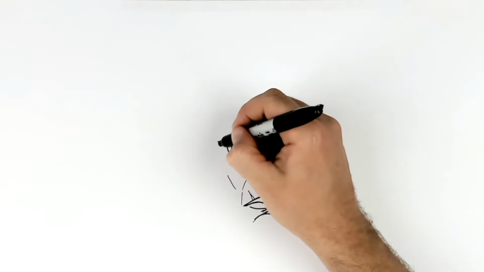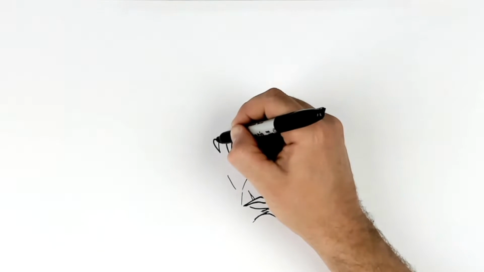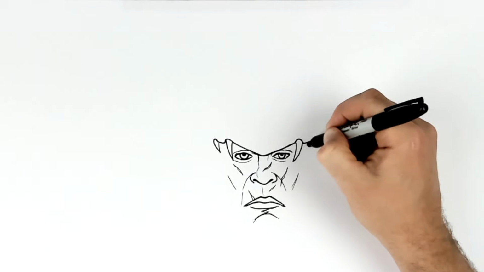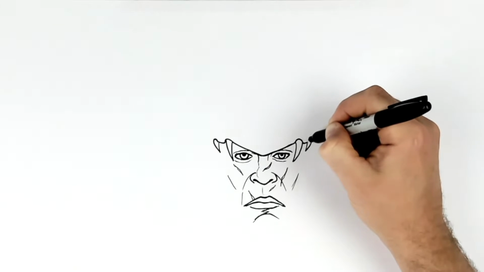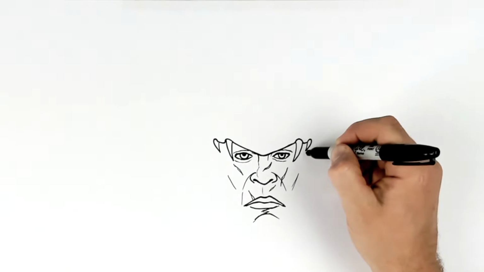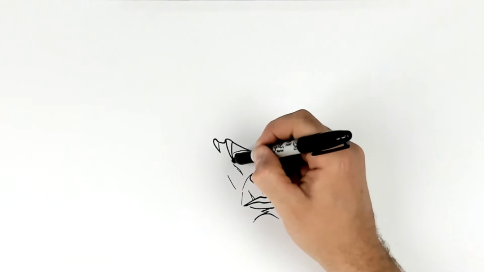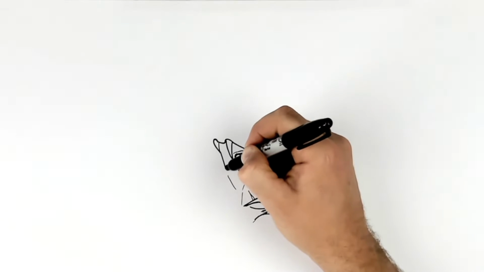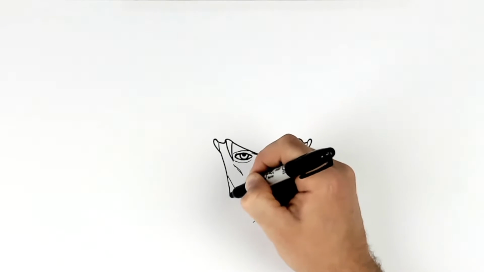Then we have another tooth. Like so, right? And then the line for the side of the mask comes down, curves like so.